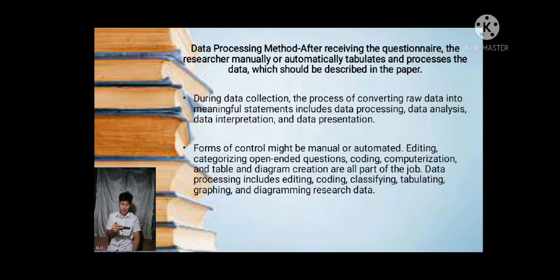Editing, categorizing open-ended questions, coding, computerization, and table and diagram creation are all part of the job. Data processing includes editing, coding, classifying, tabulating, graphing, and diagramming research data.